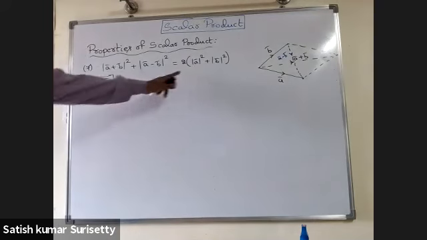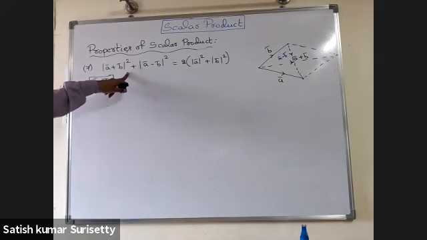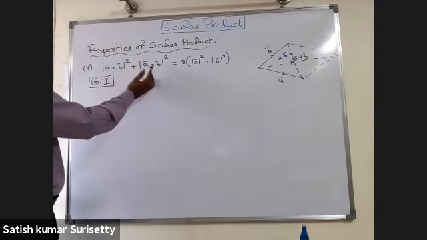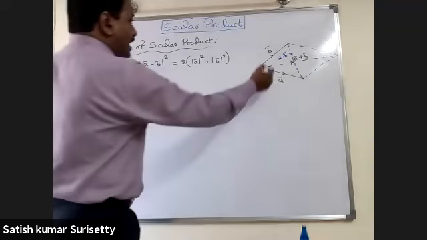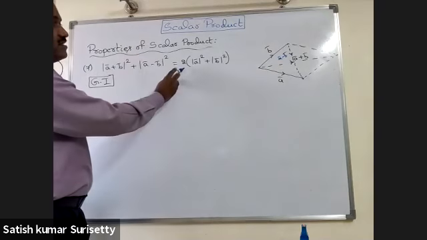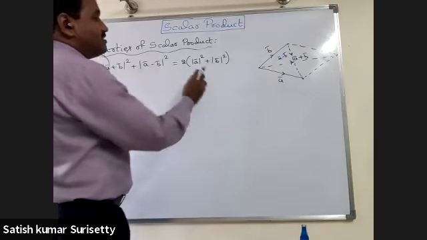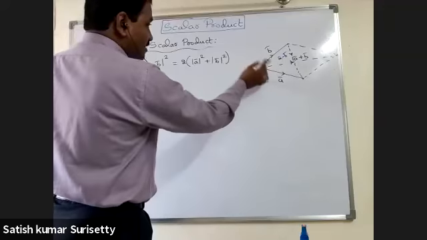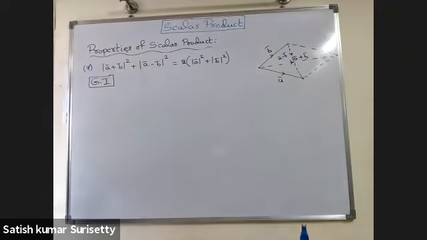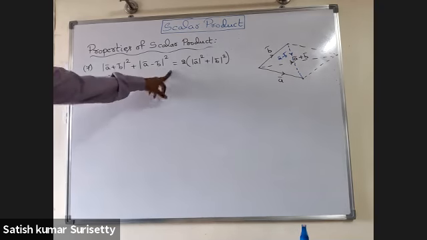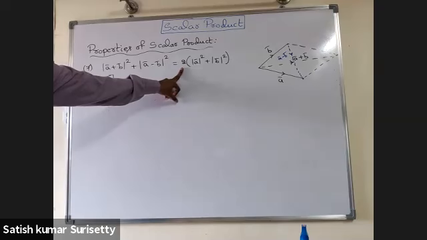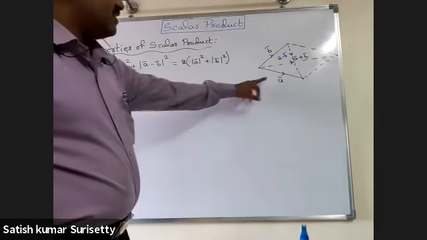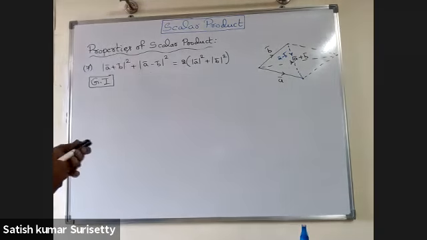So from this result, you can say that the sum of the squares of the diagonals in a parallelogram is twice the sum of the squares of the lengths of the adjacent sides.